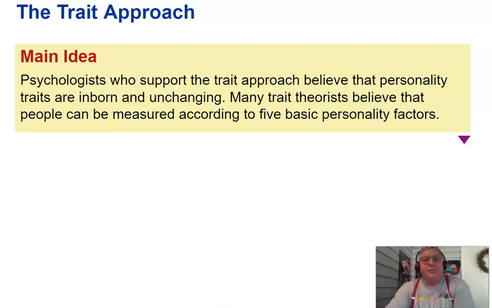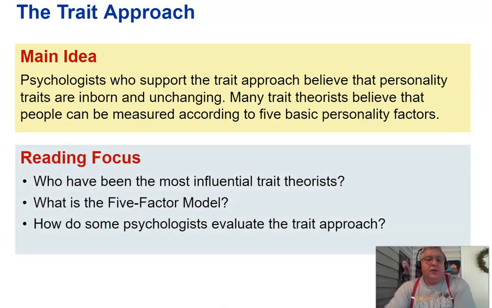Many trait theorists believe that people can be measured according to the five basic personality factors. Who have been the most influential trait theorists should be one of the questions that you are able to answer. What is the five-factor model, and how do some psychologists evaluate the approach?